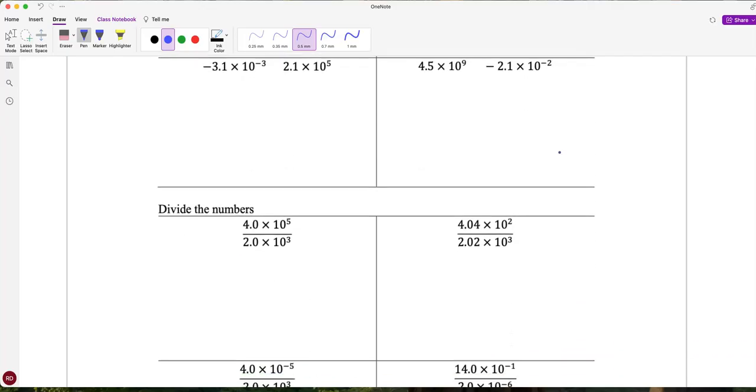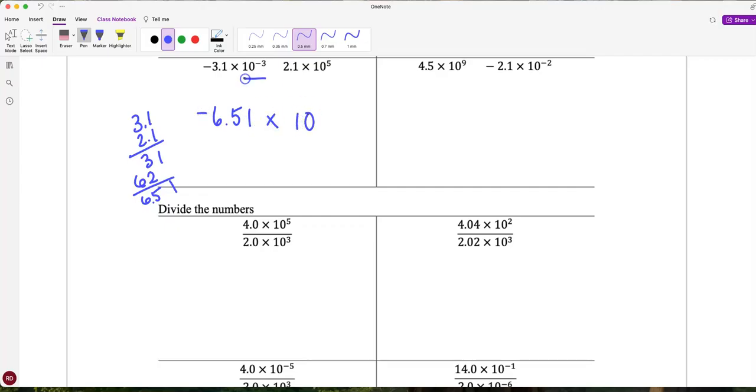Next number is going to be negative, so 3.1 times 2.1. So this is 6.51.